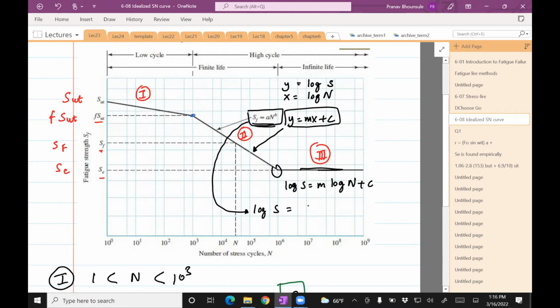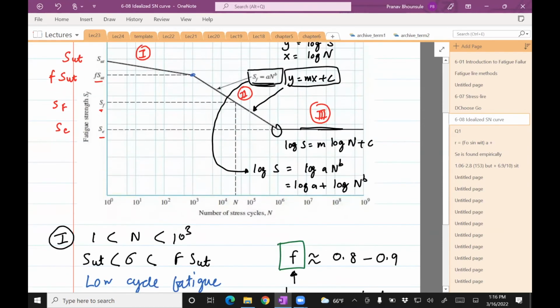So log S_f equals log of A times N^b, and that product can be written as a sum, right? So it's log A plus log N^b, but log N^b is b log N.